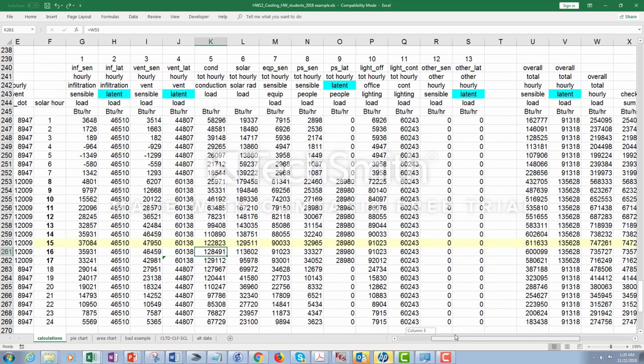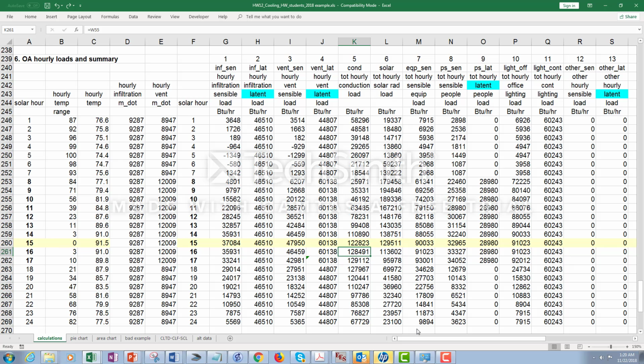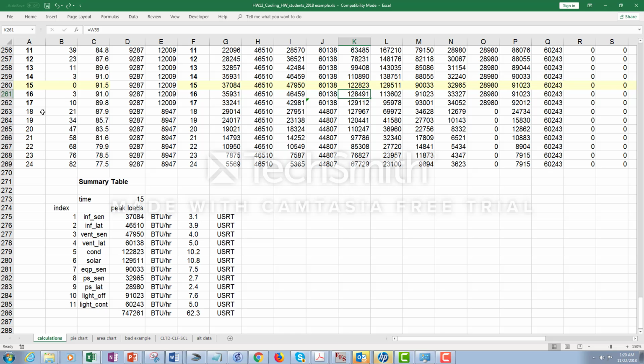These loads will be, of course, instantaneous because this is air being mixed directly with the air in the space. So that finishes the internal loads and the outdoor air loads. So that finishes the calculations, and we'll look next at the summary results.